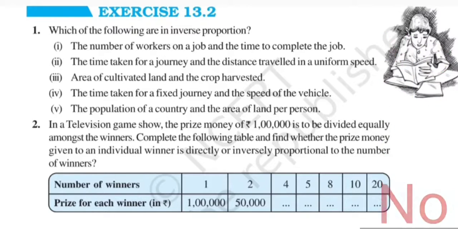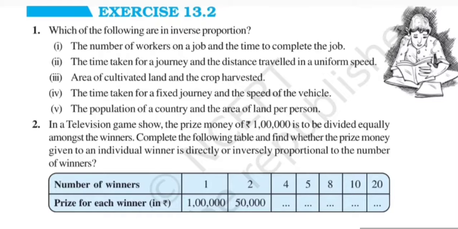Third, area of cultivated land and the crop harvested. So more area of land cultivated, more crop to harvest. That's why they are not inversely proportional. See the fourth one. The time taken for a fixed journey and the speed of the vehicle.